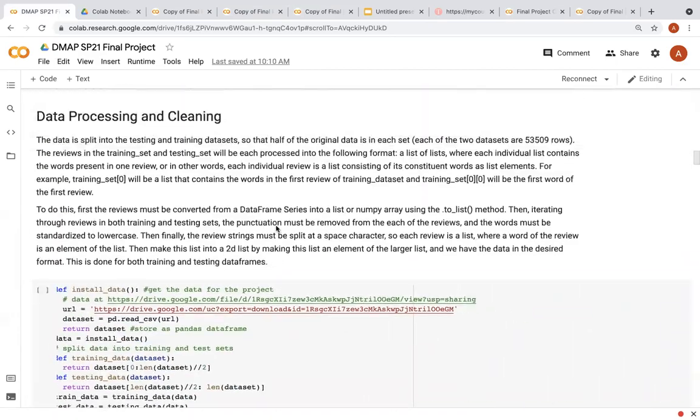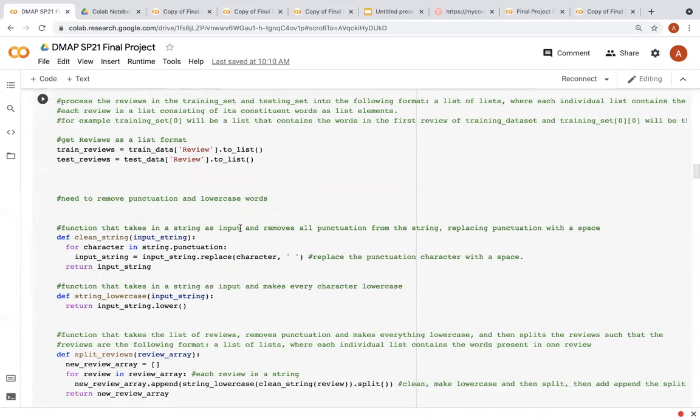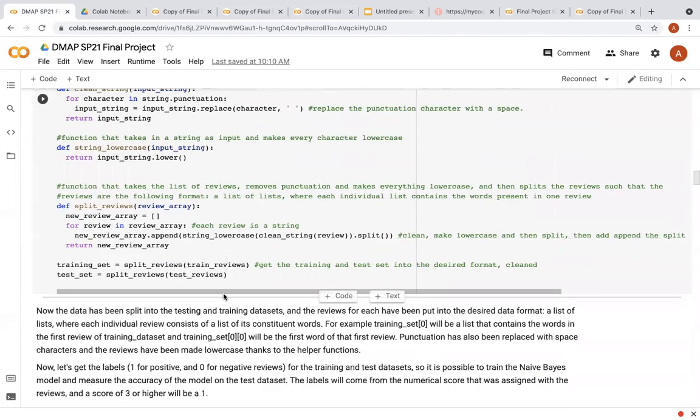So the cleaning was removing the punctuation and replacing it with spaces, and then making everything lowercase. And I changed the format of the reviews. I wanted the format to be a list of lists where each individual list is the words present in one review.